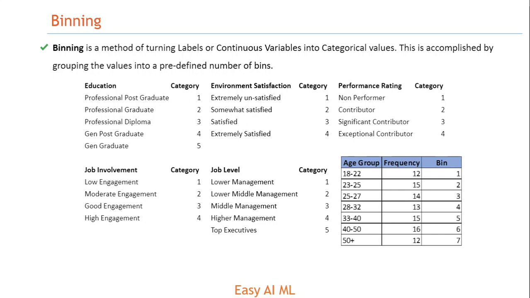So these can be categorized. Now coming to grouping, there can be different age groups. I can create the bins 18 to 22 as 1, 23 to 25 as 2. So this continuous variable of age, from say 18 years to 58 years or 50 plus years of age, I can categorize into bins to study the behavior.